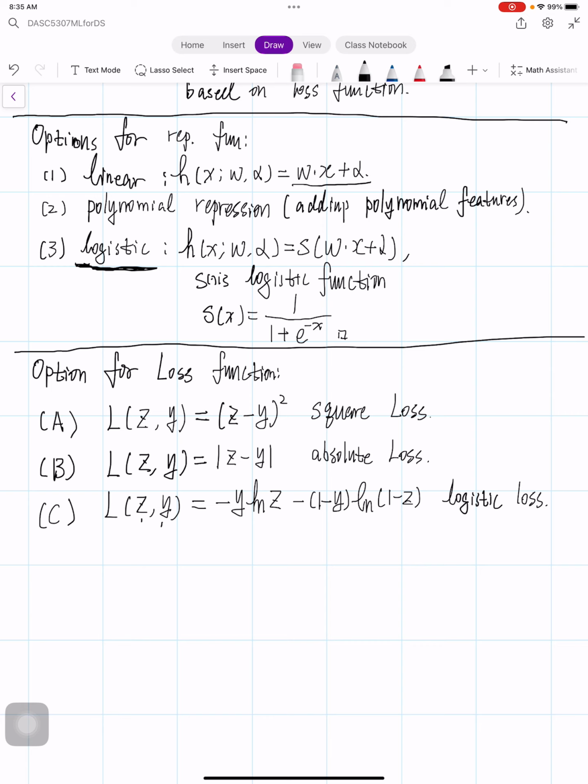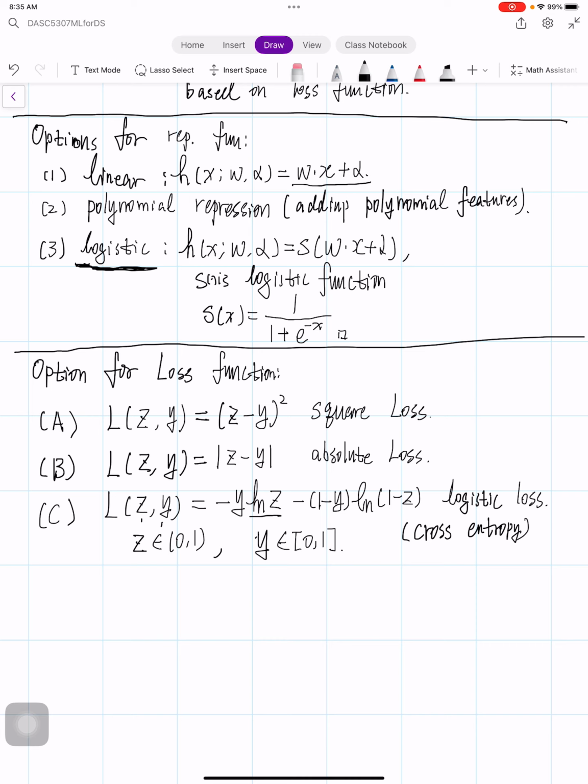In some scenarios, it's also called cross entropy loss. But this loss requires z to be between 0 and 1, because you take the log transformation, and log 0 will be negative infinity. Also, y needs to be 0 or 1. Okay, so that's a few choices for the loss function.